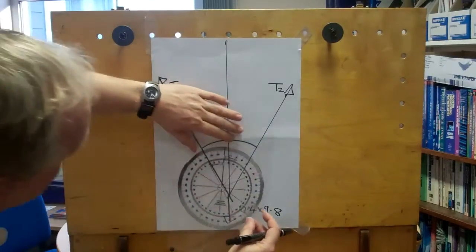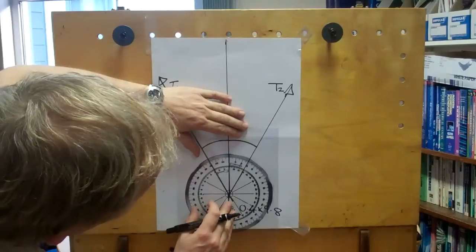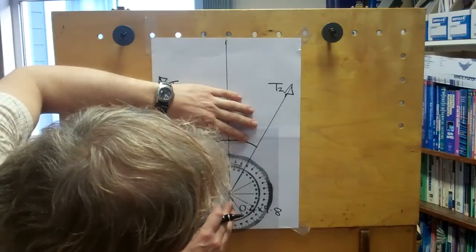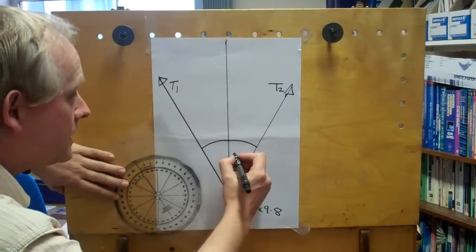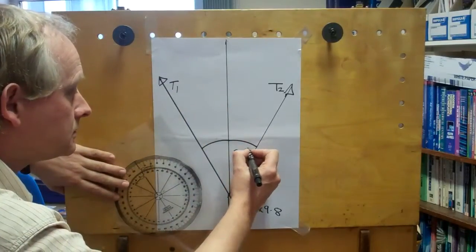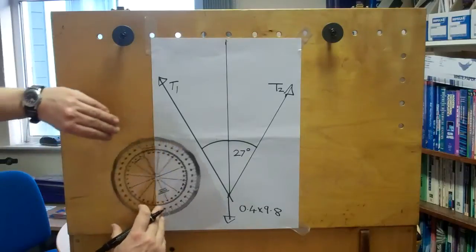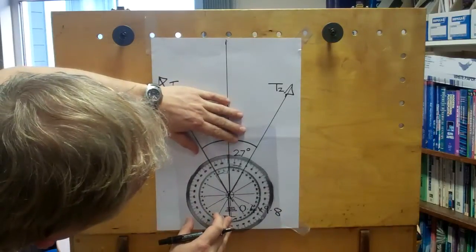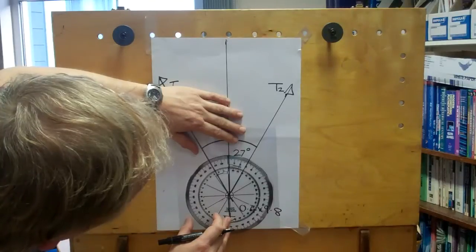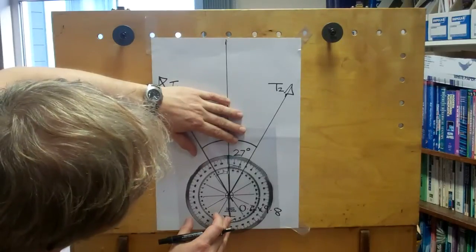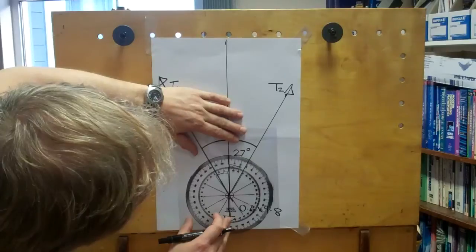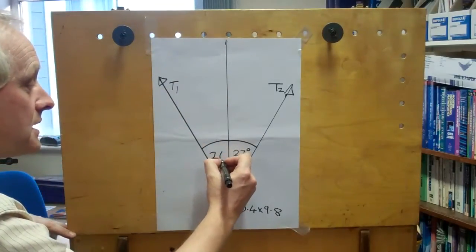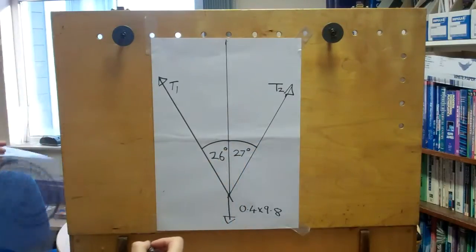Lining this up carefully on that side, first of all, we've got an angle to the vertical of 27 degrees, and now using this side and lining it up carefully, we've got a very similar angle actually, but this time only 26 degrees.